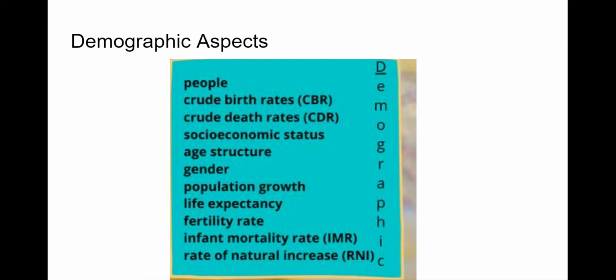Within population, we look at all sorts of statistics, and oftentimes we look at things like the age structure, population growth, gender balance, and whether or not a population is growing or declining, and the impact on the society. There are all sorts of tie-ins with economics, political, and social as well. All of these things are related, and you'll see that with geography, where everything is related to everything else, and that's one of the beauties of geography.